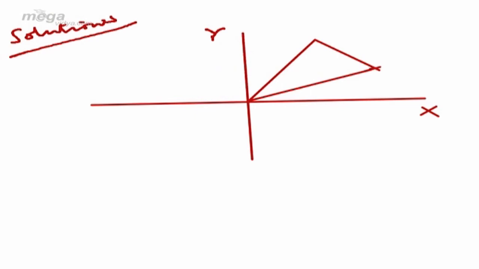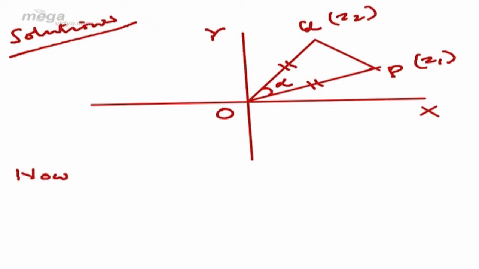This is an Argand diagram. This is the complex number OP, and this is the complex number OQ. P is Z1 and Q is Z2. OP and OQ are the equal sides, and the angle between OP and OQ is alpha. Now, we rotate complex number OP in the direction of OQ.